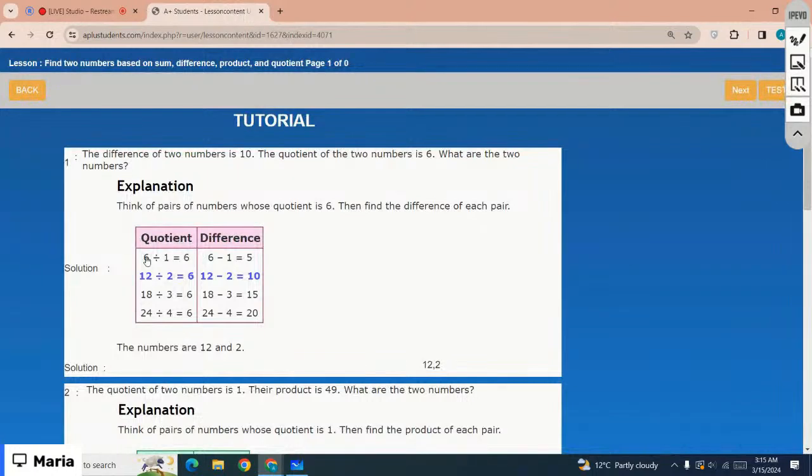The quotient of the two numbers is 6. Yes, they are 12 and 2, right?